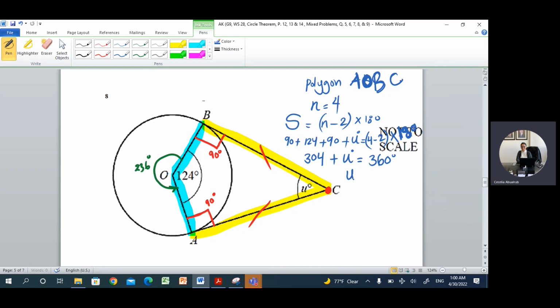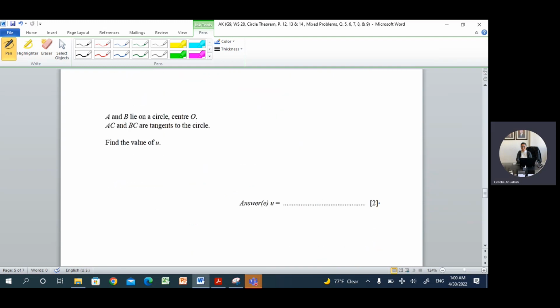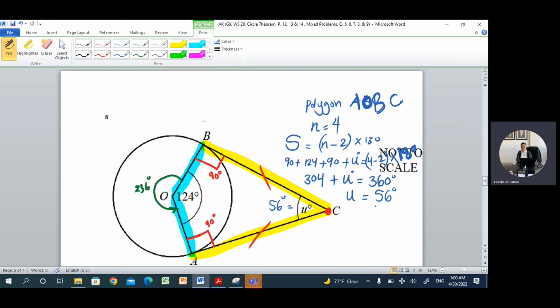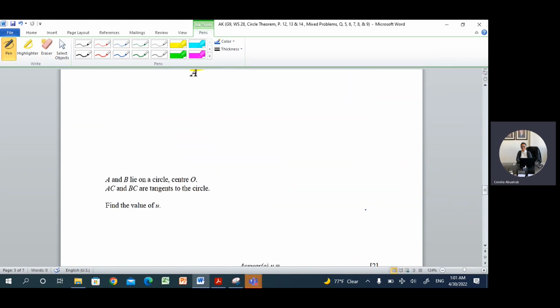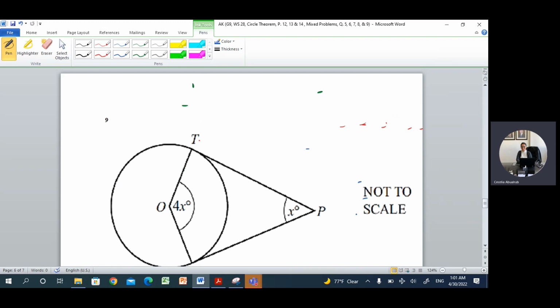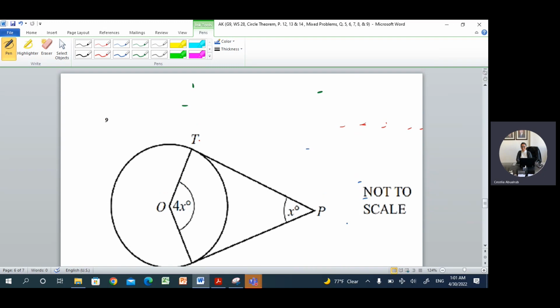And if you subtract 304 from 360, this will bring angle U down to 56 degrees. So this angle here is 56 degrees. And as you can see, it has 2 marks on it. So showing your work on how you found the missing angle is a must in order to get the full mark. And the last question in this record is this question.